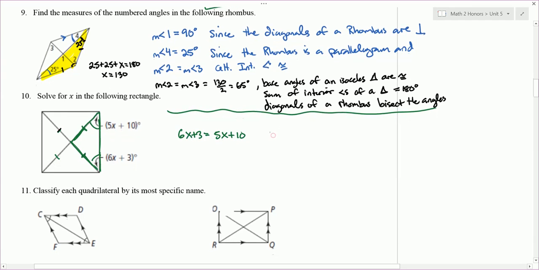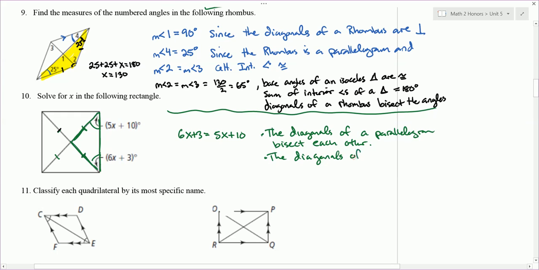since we use 2 things. The diagonals of a parallelogram bisect each other, and the diagonals of a rectangle are congruent.